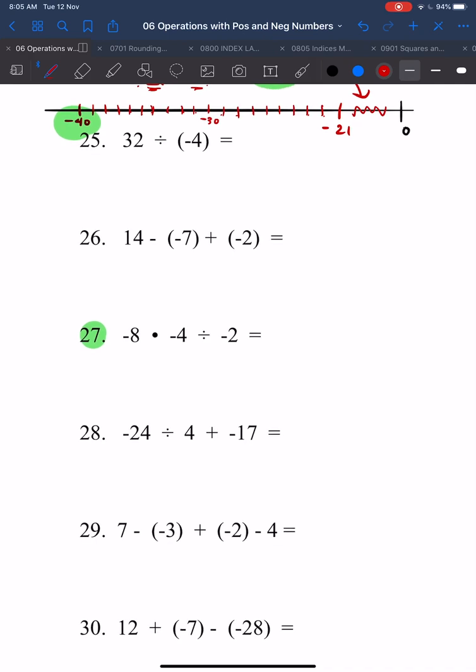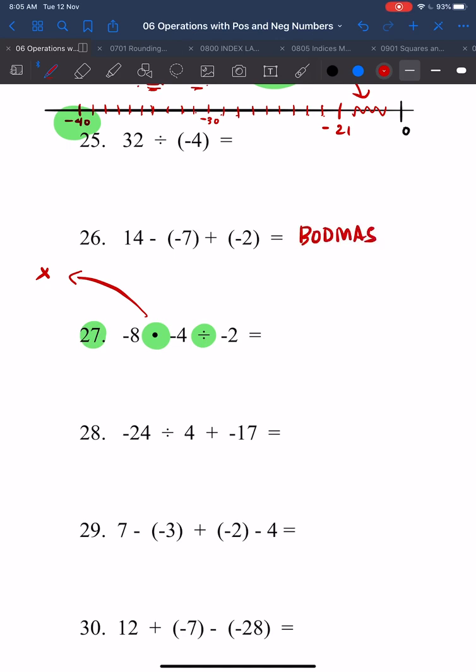Now, a lot of you might be wondering, what is this dot? Okay, this dot also represents multiplication. Oh no, miss, there's multiplication and there's division. What do I do? This is where you need to follow the order of operation, BODMAS.